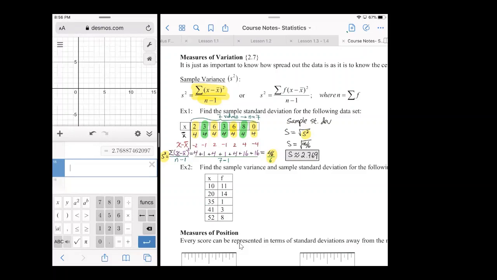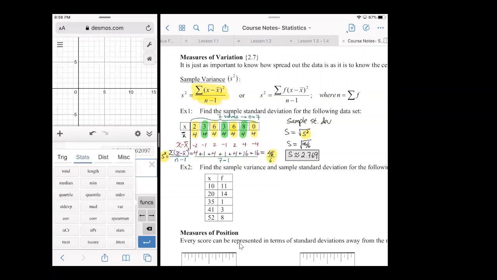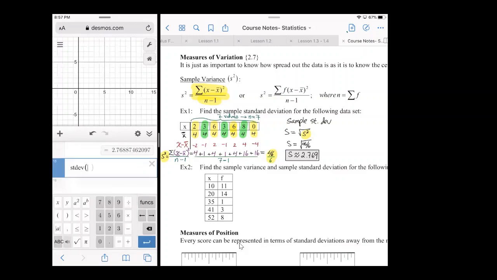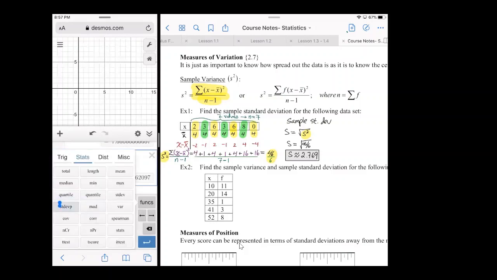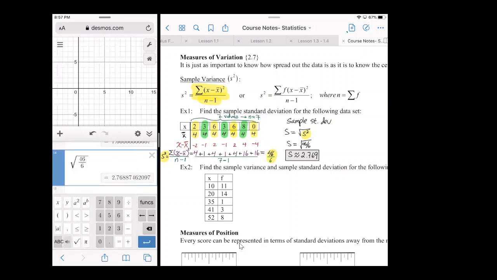Now, in terms of doing this on the calculator, this is a simple data set, so this will work. All you have to do is go to functions, stats, and choose standard deviation. You see there are two options there. I'll show you the other one: standard deviation P. That's not the one you want, because that is for populations.